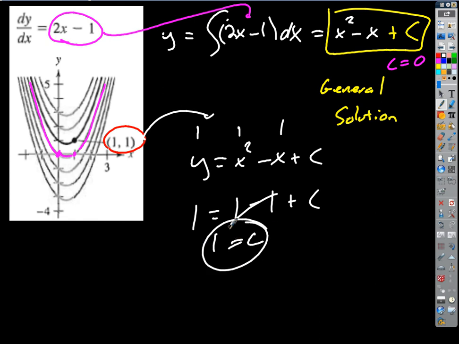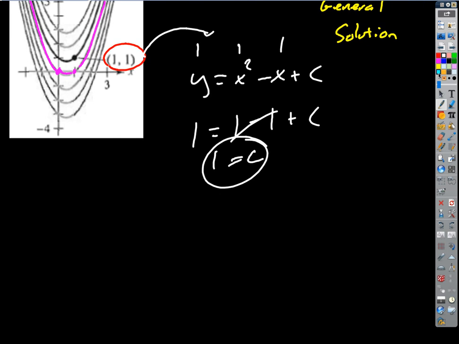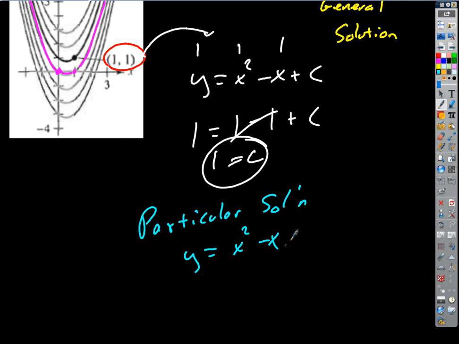So the particular solution is going to be y equals x squared minus x plus 1. That's going to be the solution that corresponds to the one trajectory that we want.